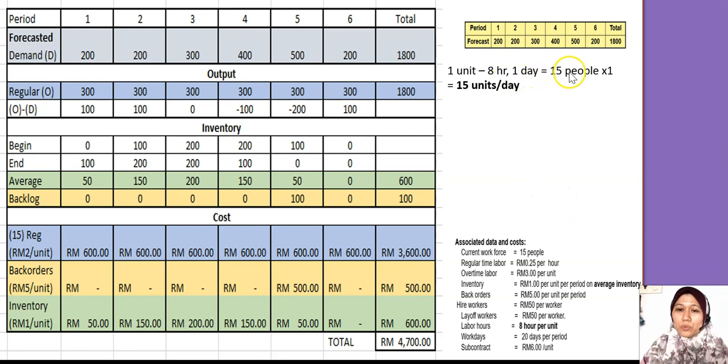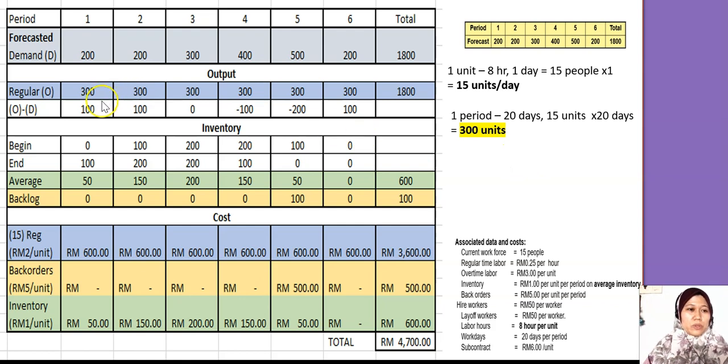So kita ada 15 workers, so sehari boleh buat 15 skateboard only. So dalam satu period kita tahu ada 20 hari bekerja. So satu hari 15 unit kali 20, so 300 units per period yang boleh dihasilkan oleh 15 pekerja. Right?